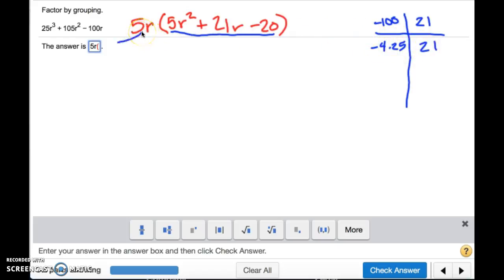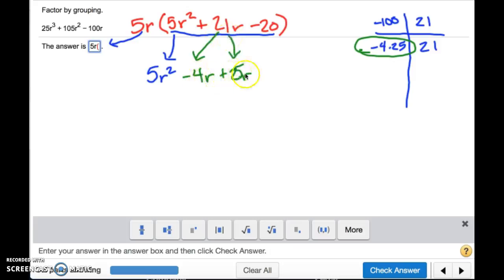Again, I already have this 5r in there. So I'm just going to bring down the 5r squared, split up my middle term using negative 4r and positive 25r from here, and I haven't changed anything.